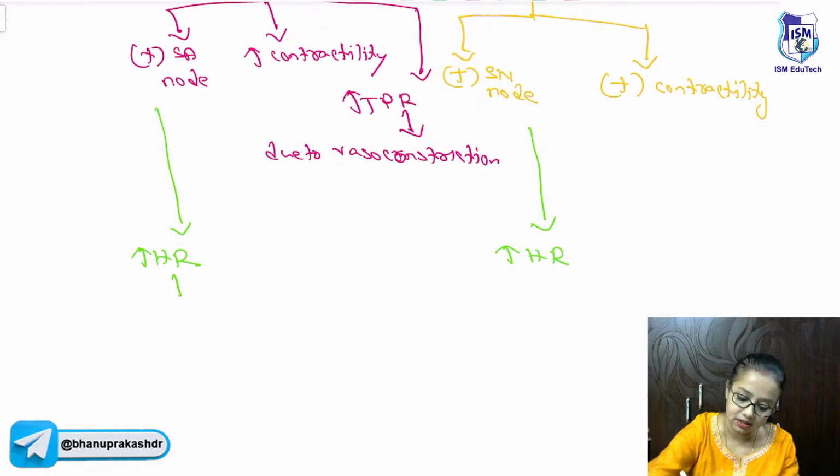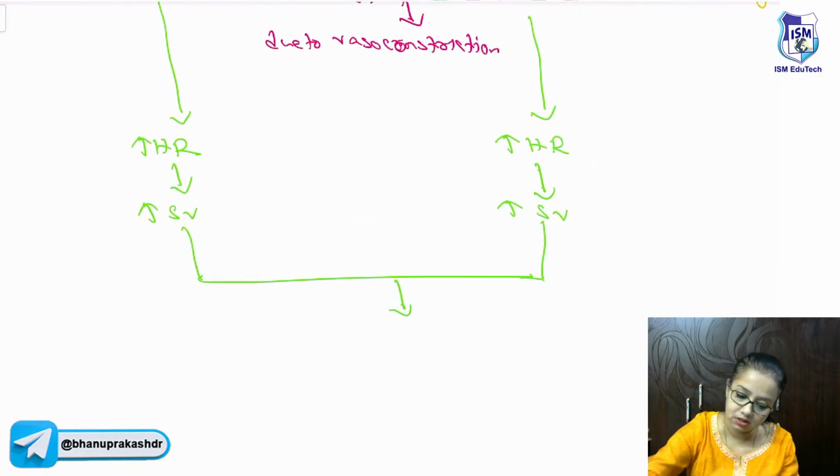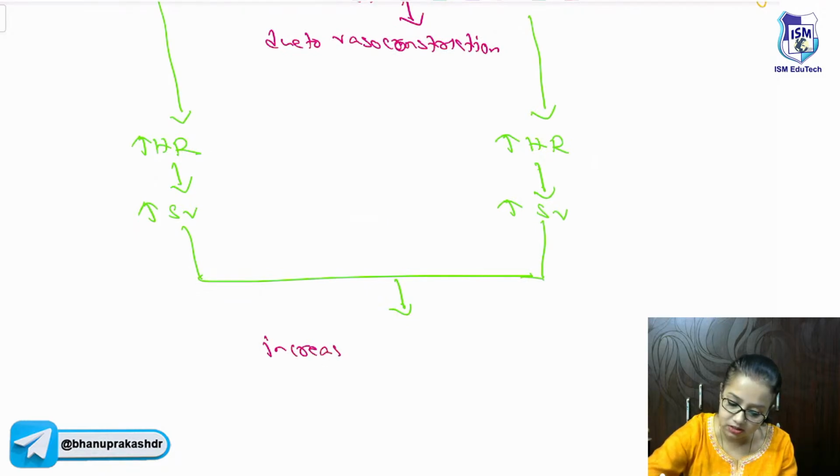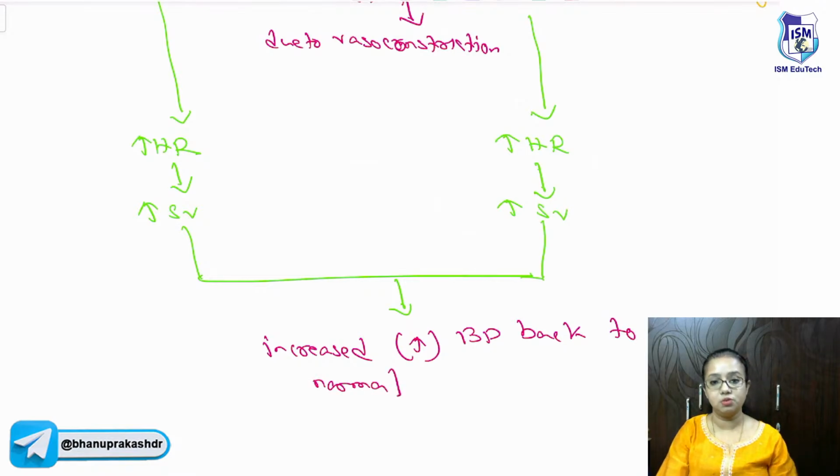So increased heart rate means increase in stroke volume. Both of these will bring the blood pressure back to normal. Okay, this is how the position affects the blood pressure.